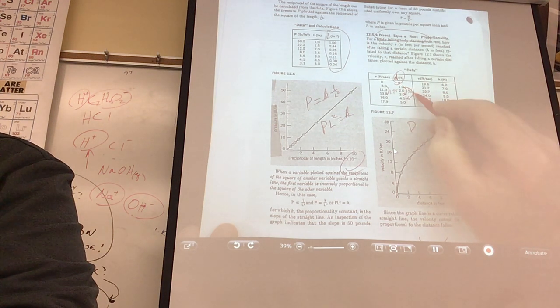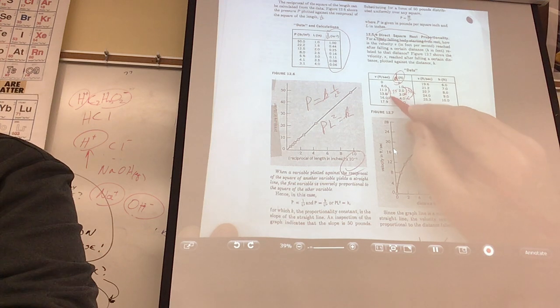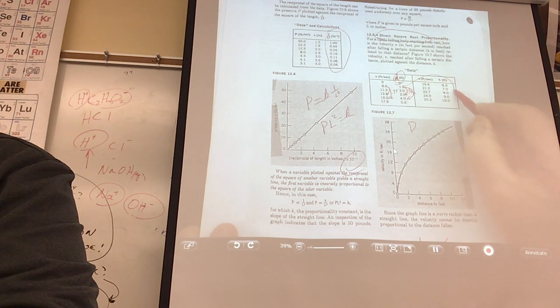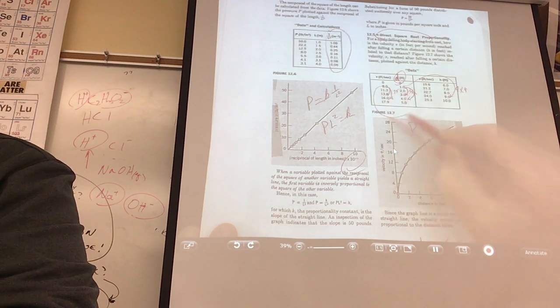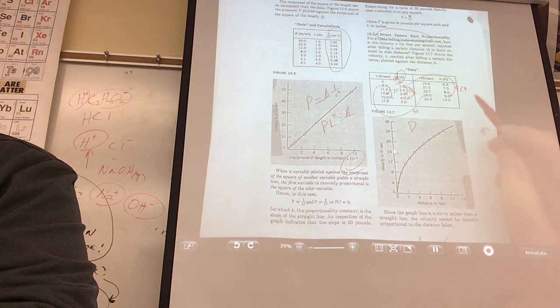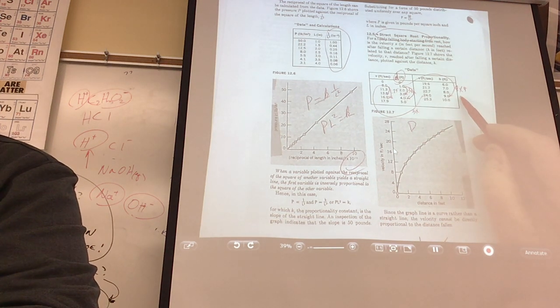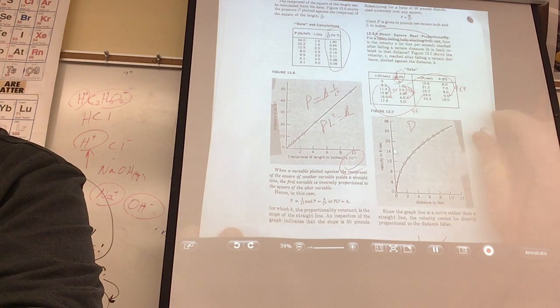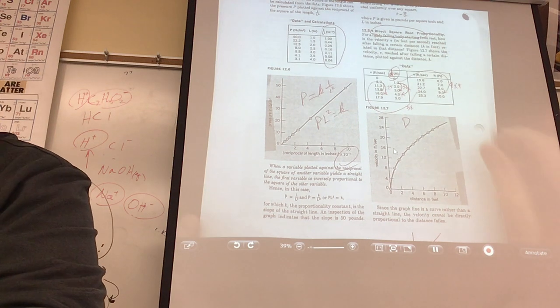That made it 4 times bigger, and this got only 2 times bigger. And then you go from 1 to 9. That got 9 times bigger, and the other one went from 8 to 24. It got bigger, but only 3 times bigger. Whatever I did to the independent variable, the square root of that happened to the dependent. Everybody get that? That's why it's called direct square root.